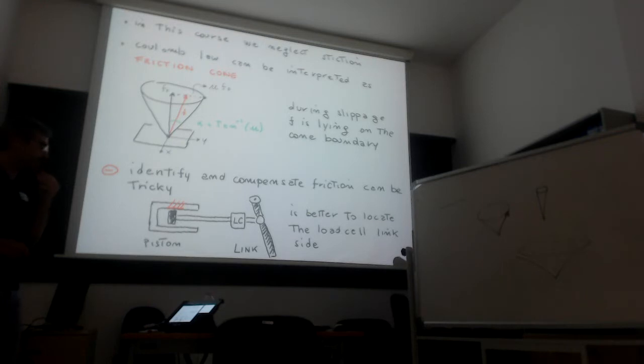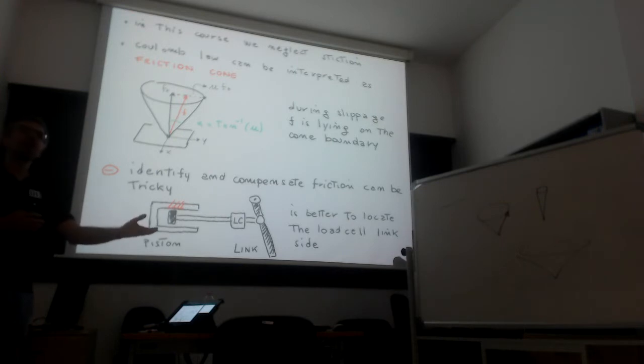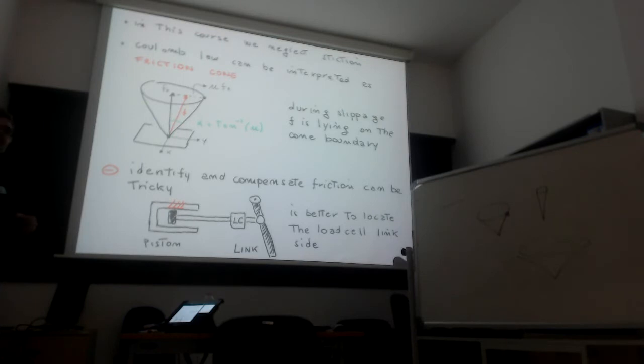While if you're using electrical motors and you are controlling the current, for example, because you want to apply a torque to the joint using the current, then you need to model the friction, because the current is before, I don't know, the bearing friction of the rotor.